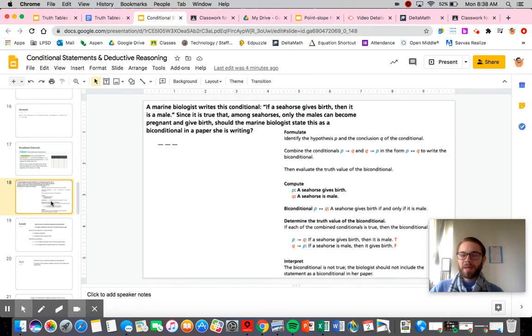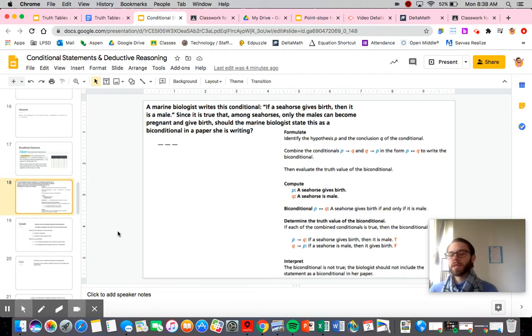All right, so let's look at a quick example. This is a real world little example, and it shows you how specific you do have to be with biconditional statements. We're dealing with a marine biologist writing about seahorses. If a seahorse gives birth, then it is male. Since it is true that among seahorses, only males become pregnant and give birth, can she state this as a biconditional?